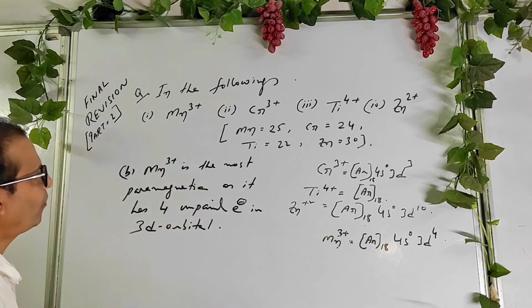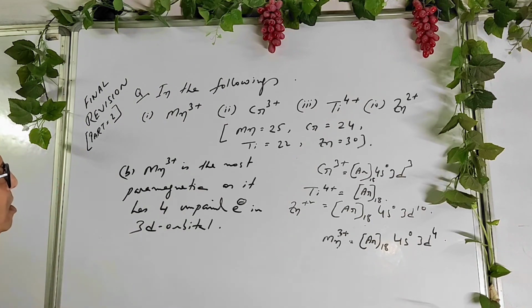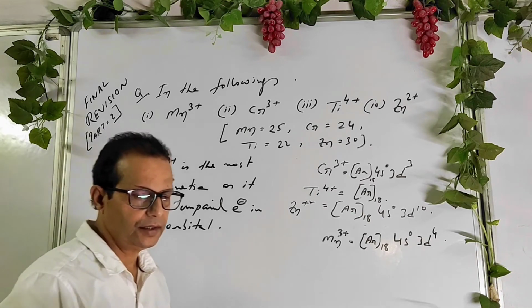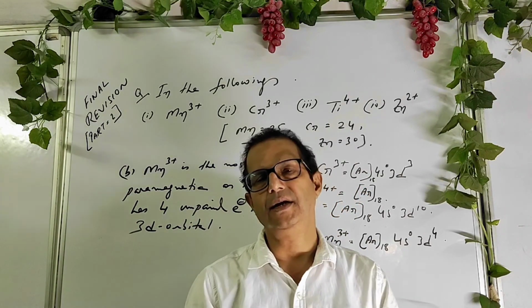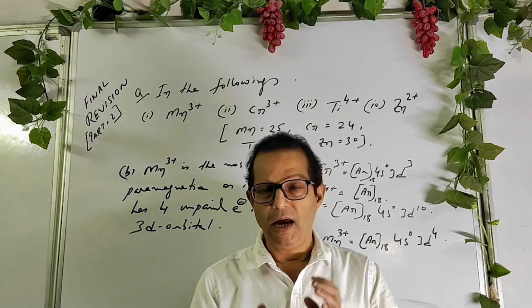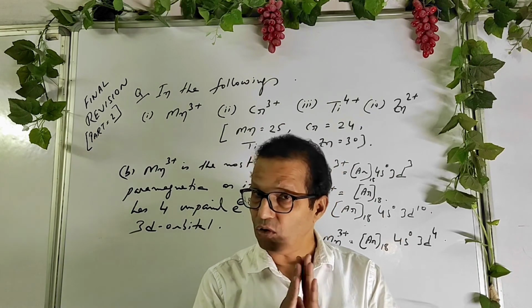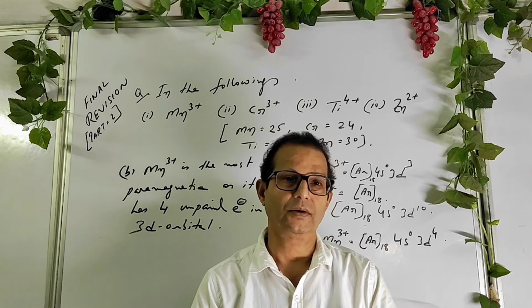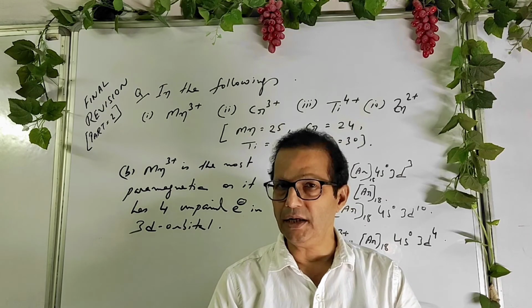Okay. Now the third question I have given: which form or forms colorless compound? Remember it. If any transition metal ion has only paired electrons, that is, if there are no unpaired electrons, that salt is colorless or white.